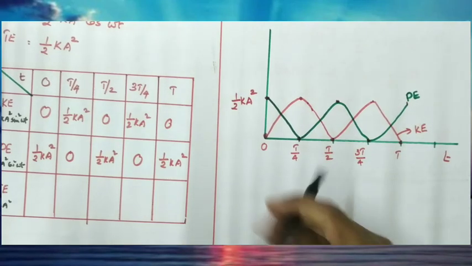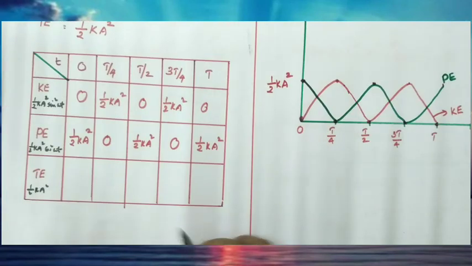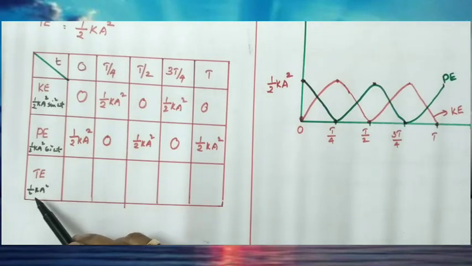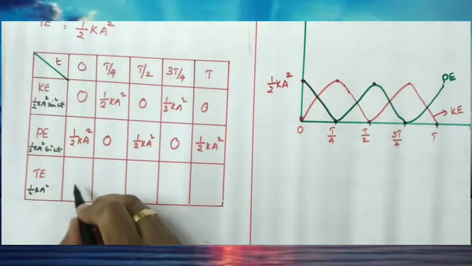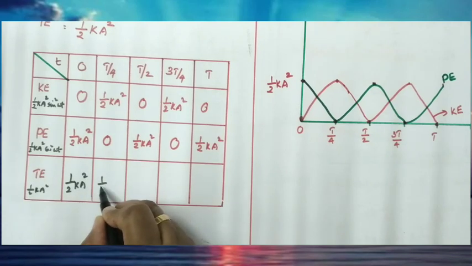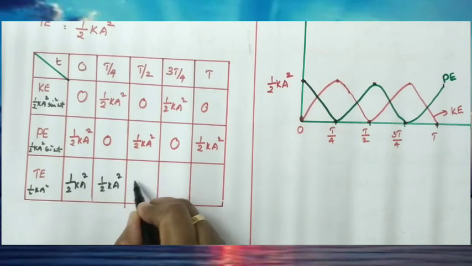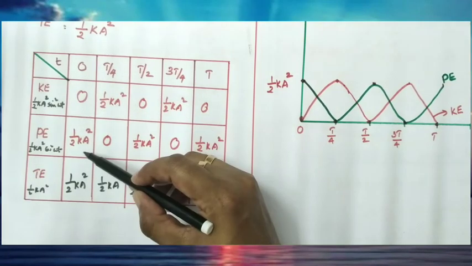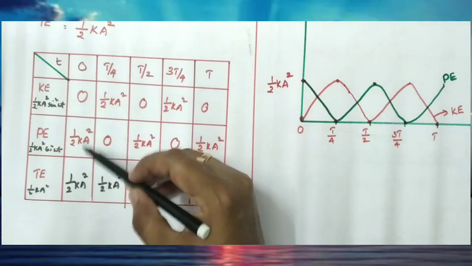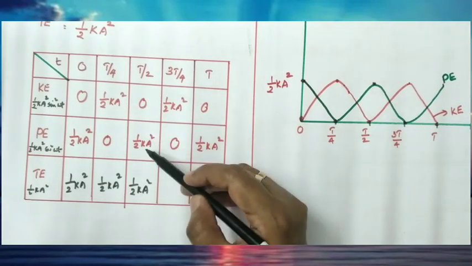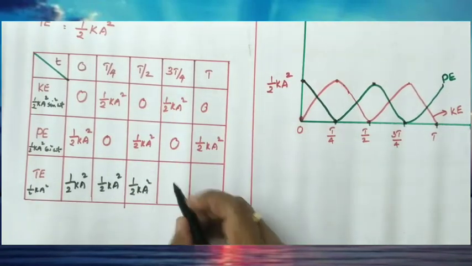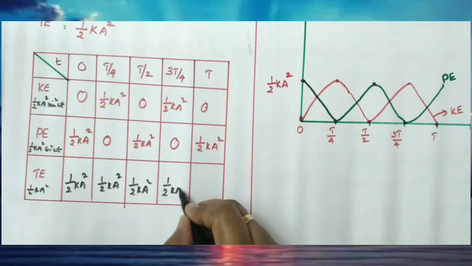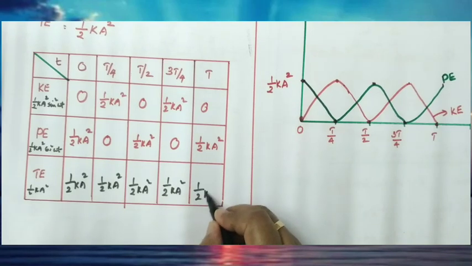Now for total energy, total energy is given by half k a square, it does not depend on time. So whatever be the time, total energy remains half k a square. In all the cases, total energy is half k a square. Otherwise we can write kinetic plus potential is total. So here the answer is half k a square, here also half k a square, here 0 plus half k a square, and in all the values total energy remains constant.